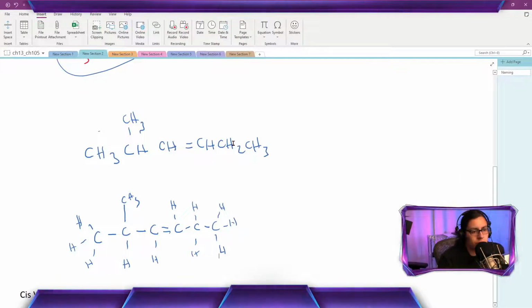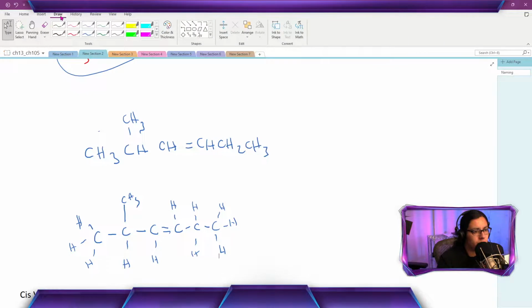Drawn out. So let's identify our longest chain again. I'm trying to see what contains my alkene. So I could do 1, 2, 3, 4, 5, 6, or 1, 2, 3, 4, 5, 6. Either way, that won't change anything.